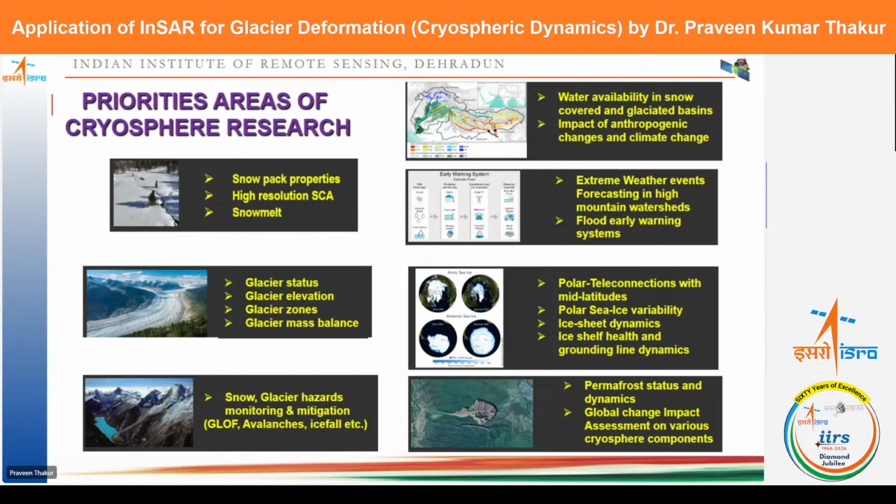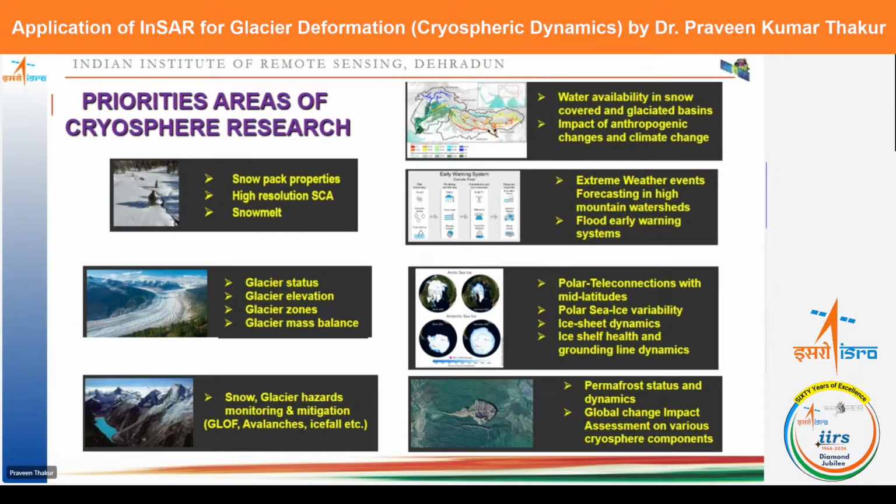Any change in this can affect a significant amount of population living in the downstream area, and also cause extreme weather events. How are these land surface processes linked, and how can we better predict these extreme events, leading to better flood forecasting?